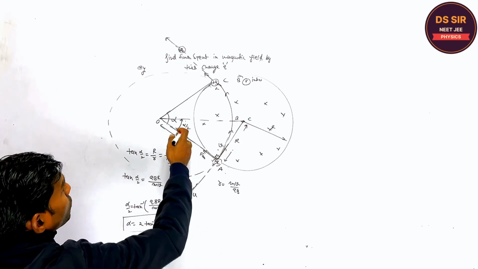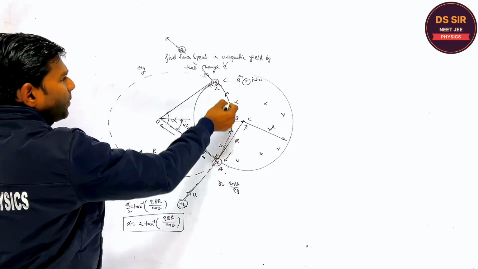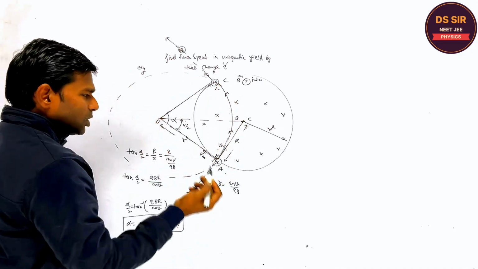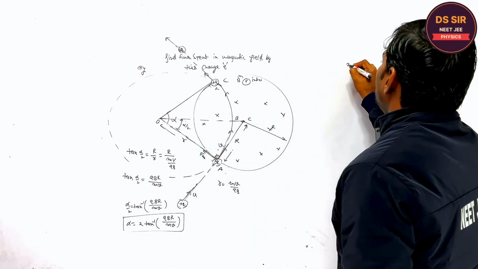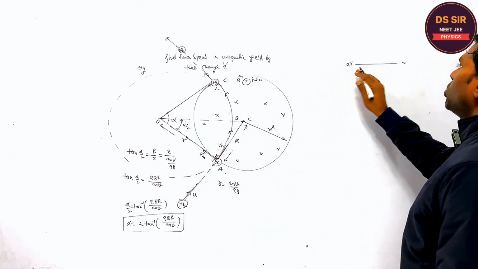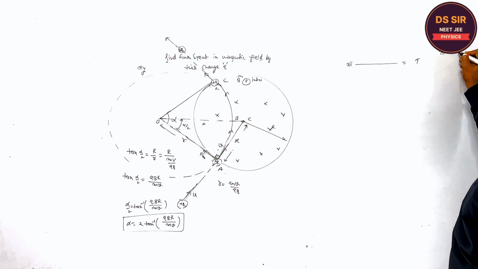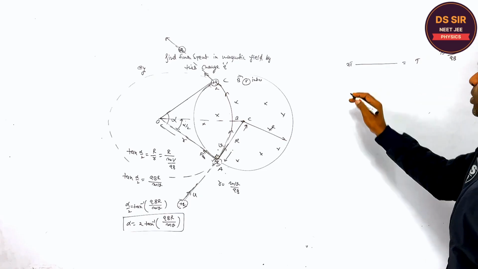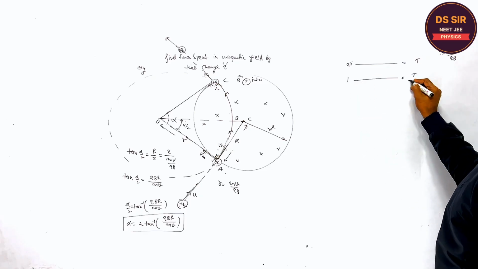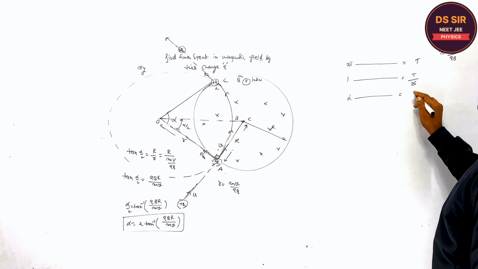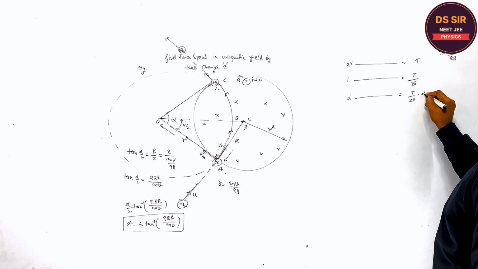If it completes the whole circle, what is the angle made by the particle at the center? 2 pi. In 2 pi, when it covers the 2 pi angle, the time period is capital T, and T value is 2 pi m upon qB. For 1 radian, the time is T upon 2 pi. For alpha radian, it is T upon 2 pi into alpha.